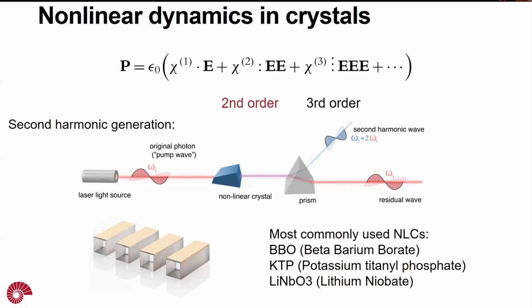In terms of wavelength, the wavelength is halved. We had red, now we have blue. And it's really common, it's everywhere. You don't have a green laser, it's a red laser, but every green laser you use actually has a nonlinear crystal in it.